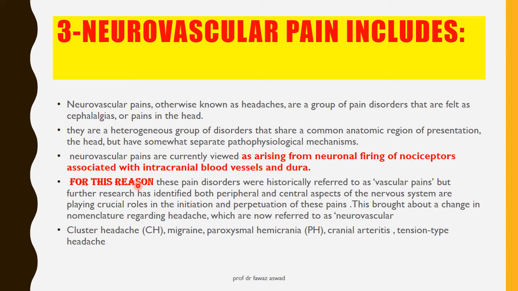Here we could demonstrate cluster headache, migraine, the paroxysmal cranial arteries, and other types of headache. So knowing the characteristic features of every type of pain that we are enumerating here is very important in order to differentiate, in order to make the diagnosis.